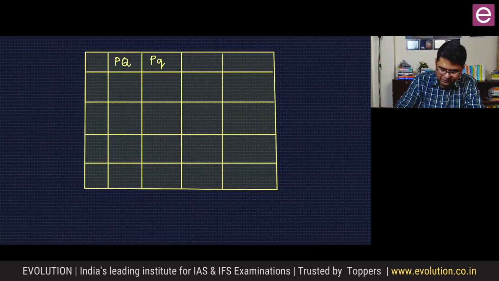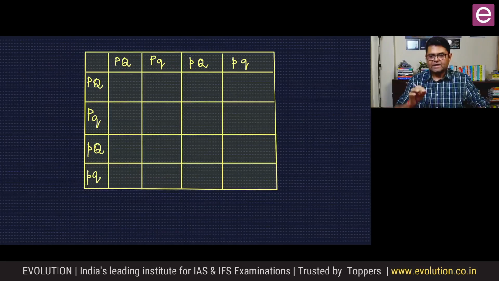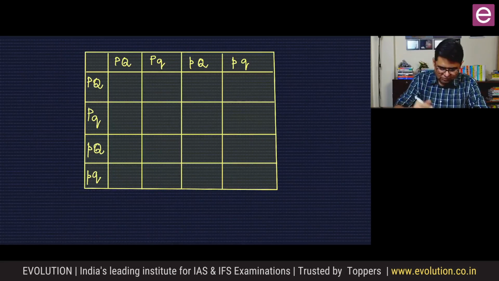P recessive Q, recessive P dominant Q, both recessive. Same here, PQ, P recessive Q, recessive P dominant Q, and both recessive. And remember, if you have got one dominant copy, that particular trait will be dominant. So in this one, please pay attention to this Punnett square.